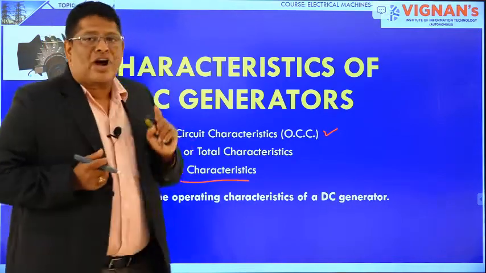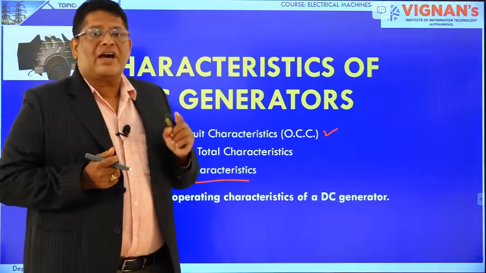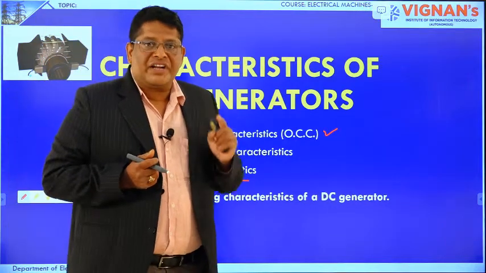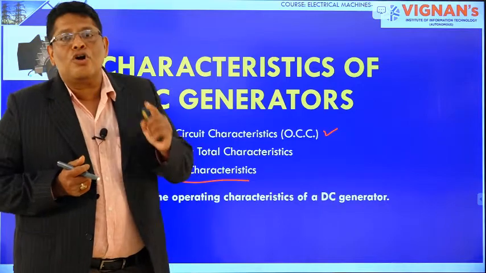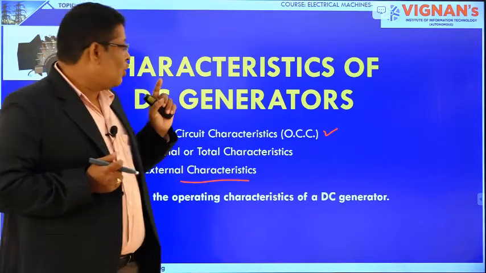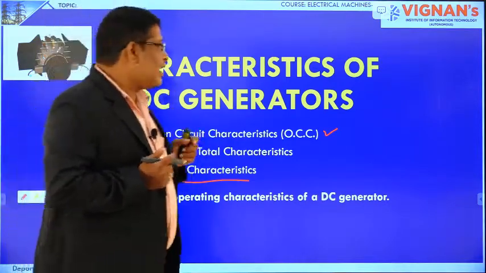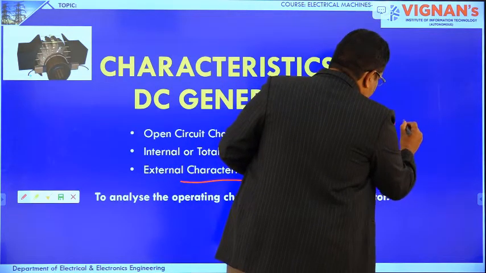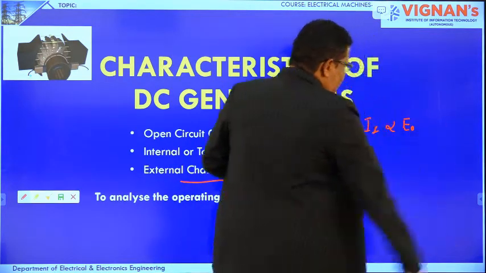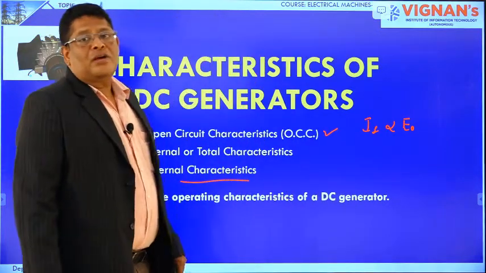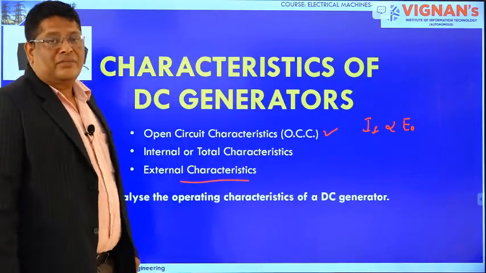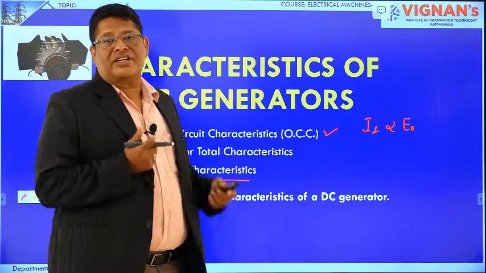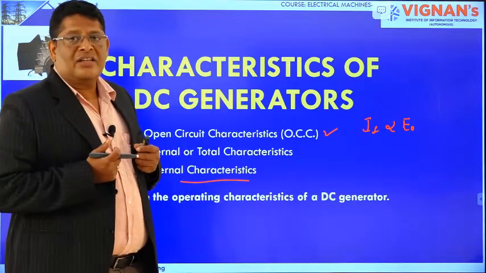It is the curve drawn between the field current of a generator and the no load voltage. It is a curve drawn between the field current IF versus E0, where E0 is the no load voltage, since we have not connected any load across the generator.